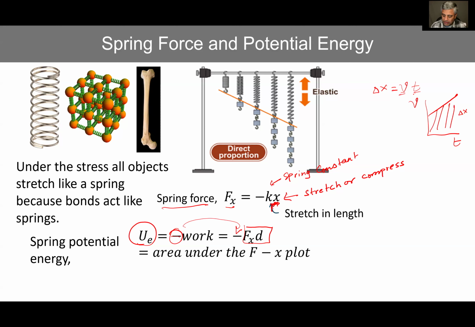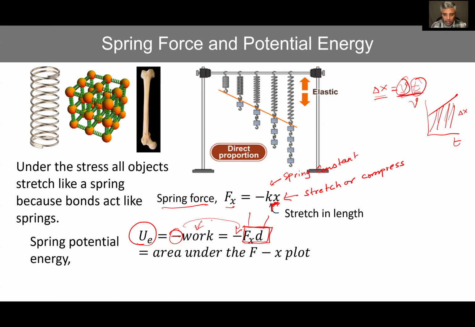So product of these two axes is the area, and physics tells us the product of these two is displacement. Similarly, now this is product of two things, force and displacement, or change in length of the spring. And that product is work done.